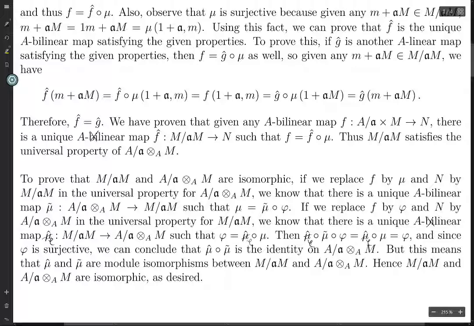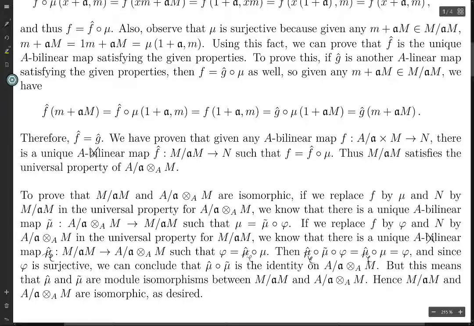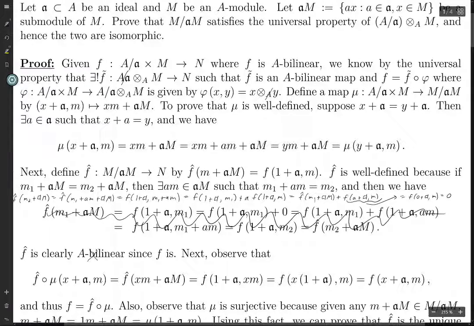So this is this. And again, since phi is surjective, did we talk about that at all? What is phi? Oh, well, of course phi is surjective, because that's how you get elements in this tensor product. It's clearly surjective.